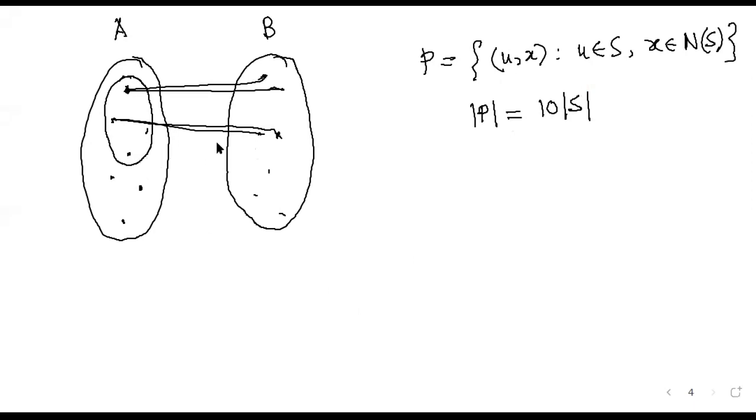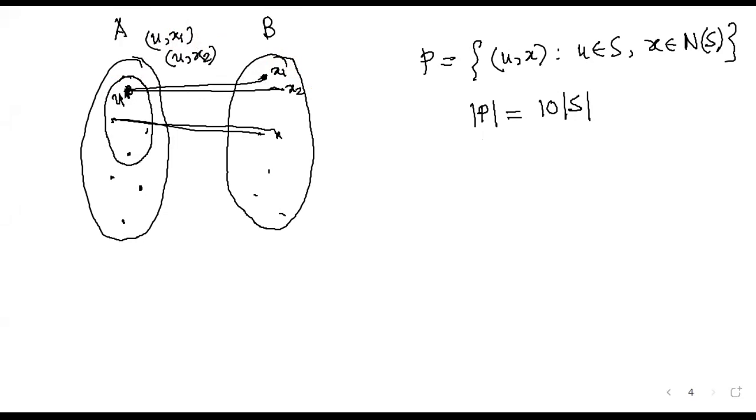Is this clear, anyone? Yes, ma'am. Since all the edges are from S to B, there must always be 10 times the cardinality of S. So if this point is U, and U is connected to, say, x1 here and x2 here, we are taking this edge and this edge, U x1 and U x2.